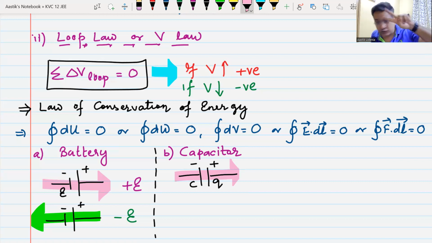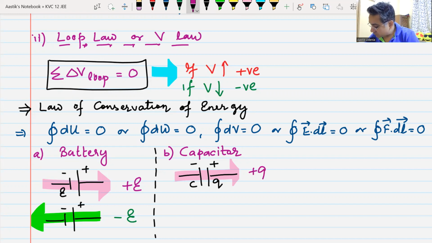Remember, we have only studied two formulas in a capacitor. What will be the change of potential? How much will you take it? No one knows it. Q by C, sir. Yes. Someone is listening.